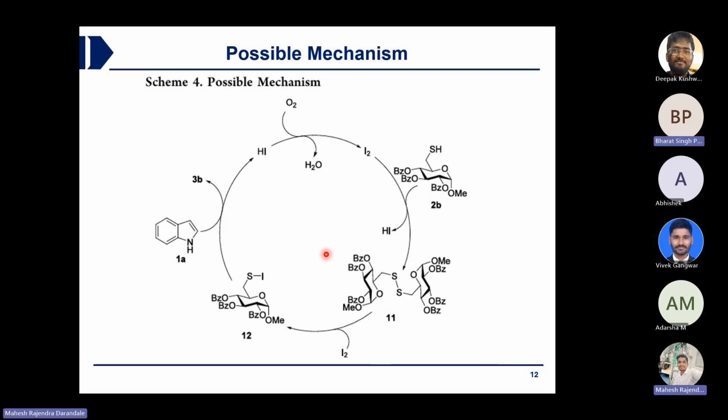But before that they will get 12, right? How will the 11 form? This reaction is very fast, the oxidation forming the disulfide bond. Here it is forming as a fast reaction generally, but they have not mentioned any other experiment.